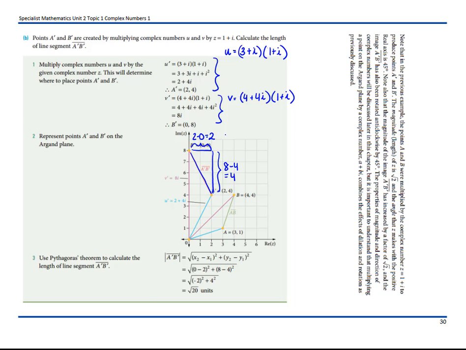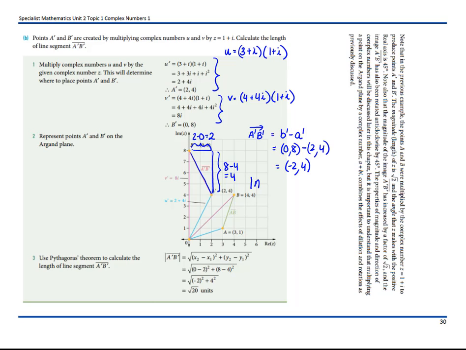Or you can think about it again as the vector AB, that's going to be B dash minus A dash, which is (0, 8) minus (2, 4), which is (negative 2, 4).